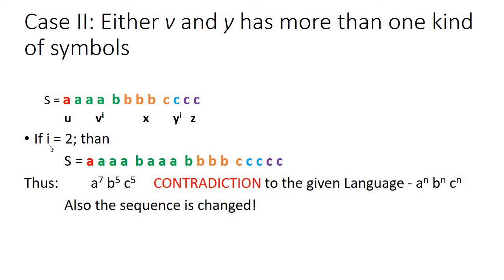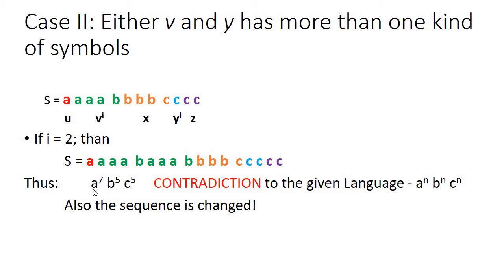So again, if we take i is equal to 2 and we give this power to v, so 3 a's and b come twice. So 3 a's and b, then 3 a's and b shows the 2 times movement of v, and 2 small c's come because of the iteration of y to the power 2.